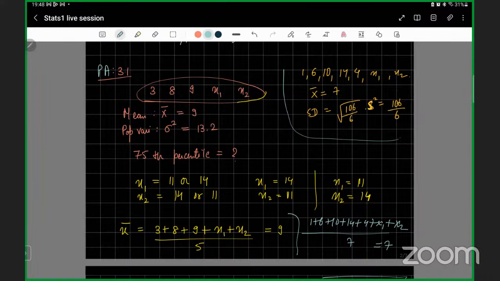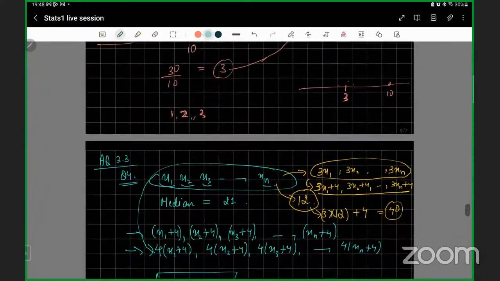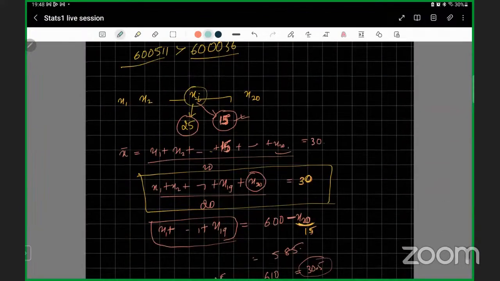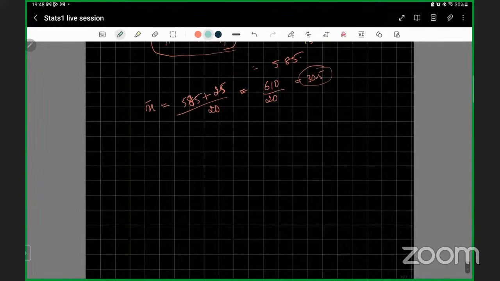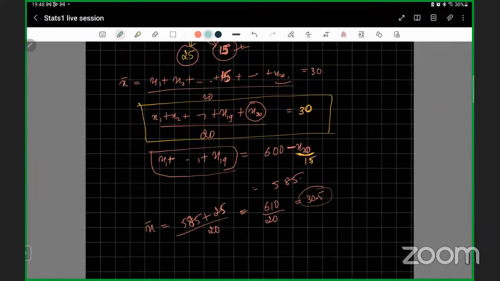Ma'am, may I ask you a question? Yes. A couple of questions back, we discussed a scenario where the mean is given and one of the values was incorrect. I understand this mean part. But what if a similar scenario, where a variance is given and a variance is asked, and one of the values is incorrect?